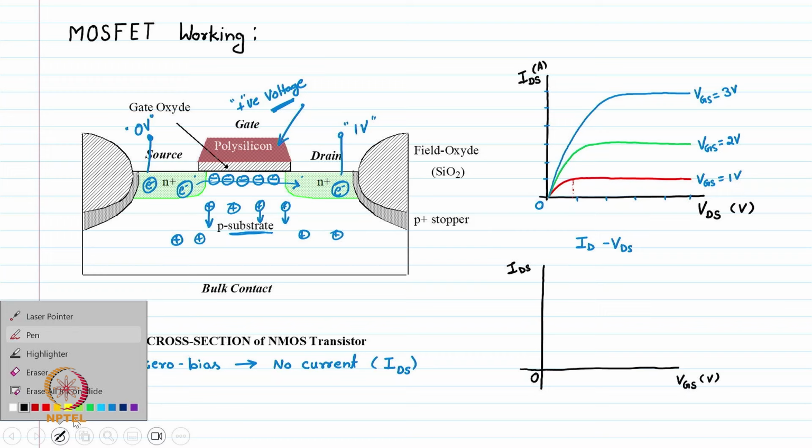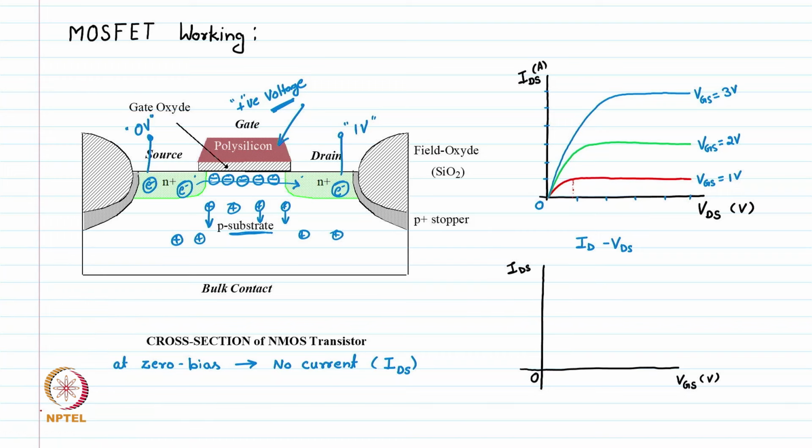So the ID VG characteristic looks something like this. Initially the MOSFET will be off, and if we further increase the gate voltage, there will be a charge formation below the oxide and the current will increase. So this voltage is typically called VTH or the threshold voltage. This is a very important voltage for a MOSFET.